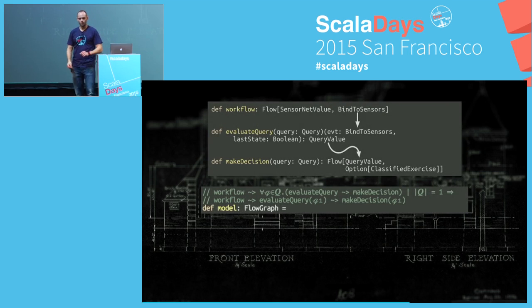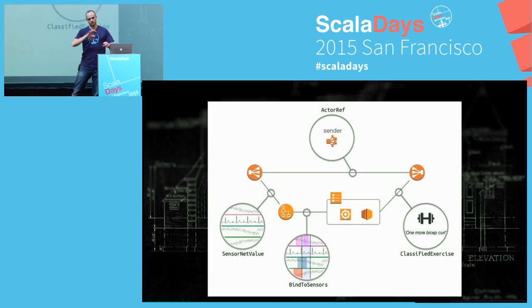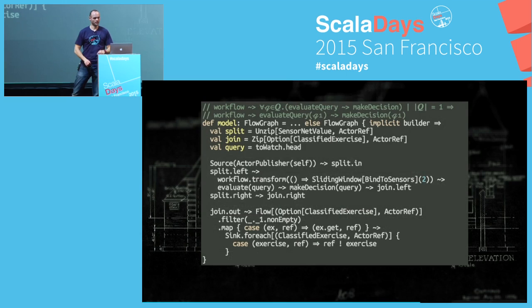Let's deal with a scenario where I have exactly one query, just a slightly more complicated scenario. So a SensorNet value arrives, we produce bind to sensors, we evaluate bind to sensors, produce query value, and hopefully produce a fully classified exercise. This is yet another view of it. Remember the sender on the left. We have the sender on the right, and we have the processing on the left, on the bottom.